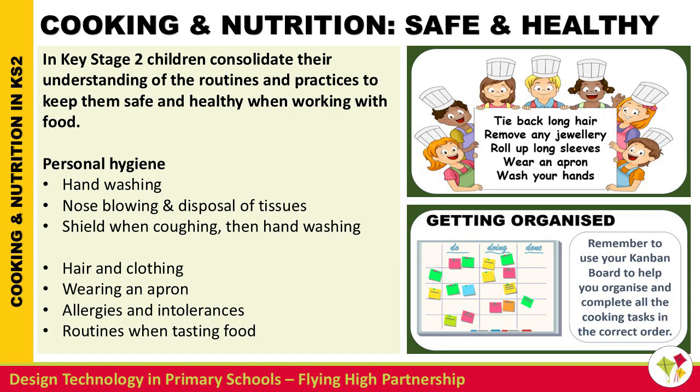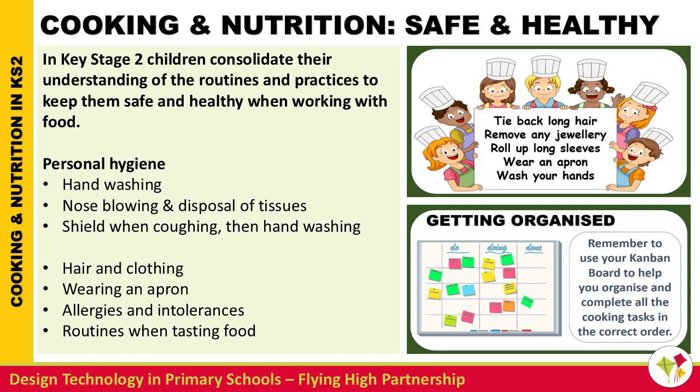In Key Stage 1, children are introduced to the routines and practices that will keep them safe and healthy when working with food. As they progress through Key Stage 2, they should consolidate this understanding and become more skilled and independent in carrying out these routines and practices. In addition to maintaining good personal hygiene when cooking, children should be wearing appropriate clothing, including an apron.